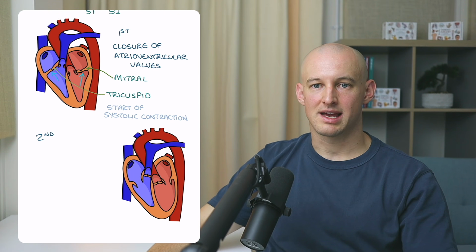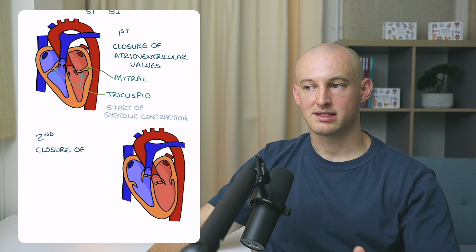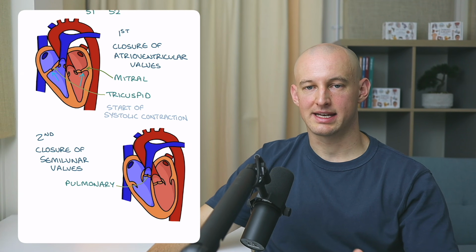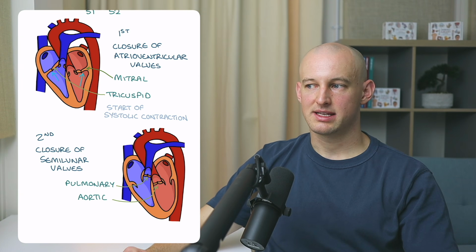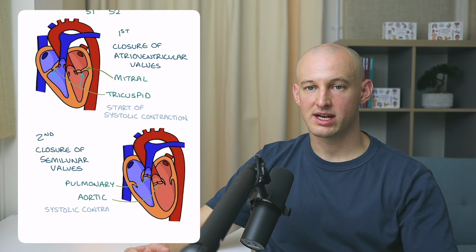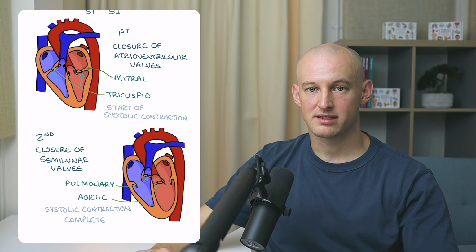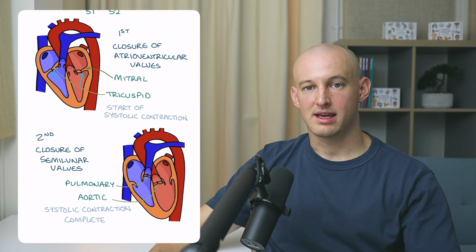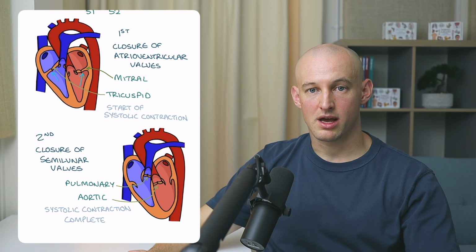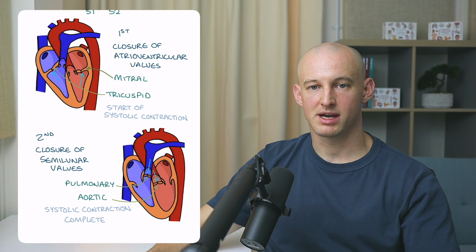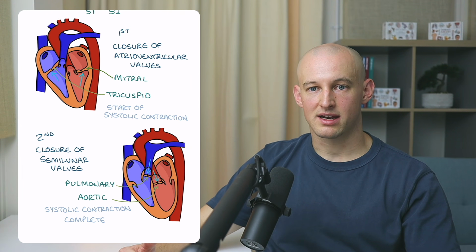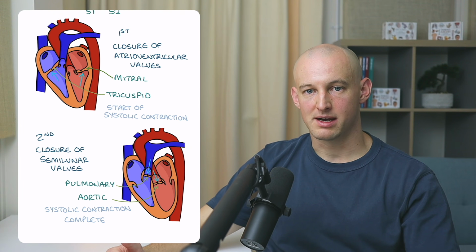S2, or the second heart sound, is caused by closure of the semilunar valves. So this is the pulmonary and aortic valves. And this is once the systolic contraction of the heart is complete, so once the ventricles have stopped contracting, the aortic and pulmonary valves close to prevent blood flowing back into the ventricles from the pulmonary arteries and the aorta. And this causes that second heart sound, the dub. So you've got lub-dub, lub-dub.